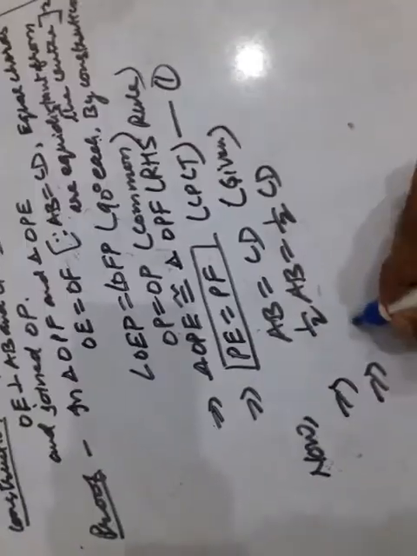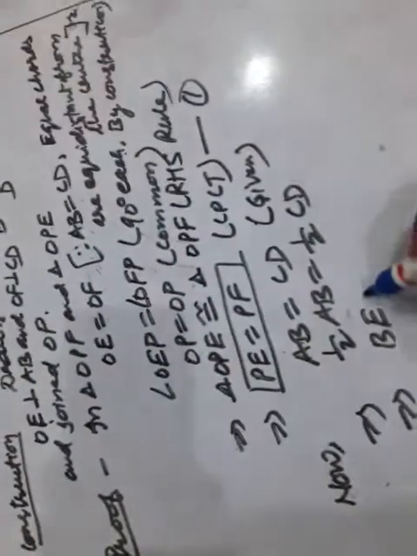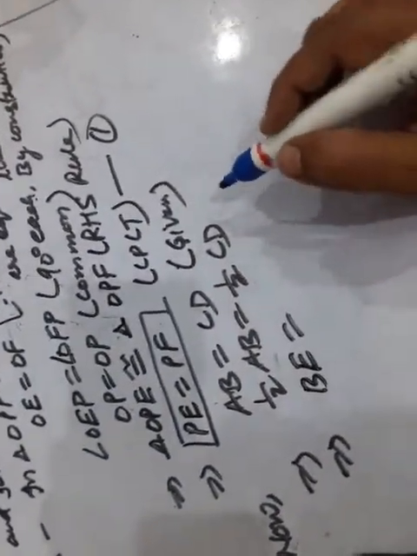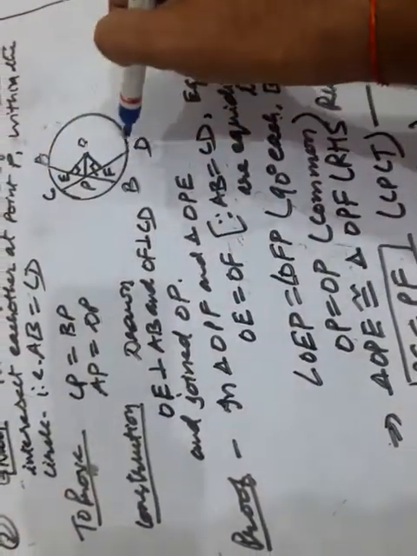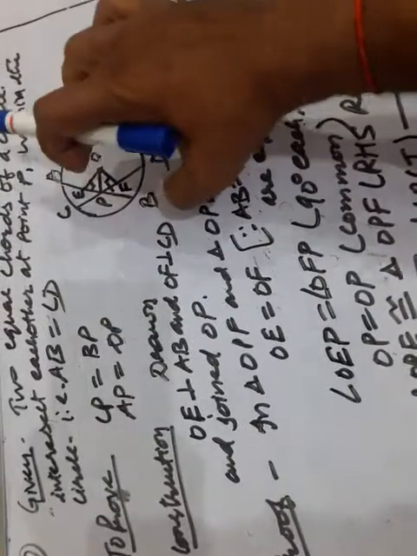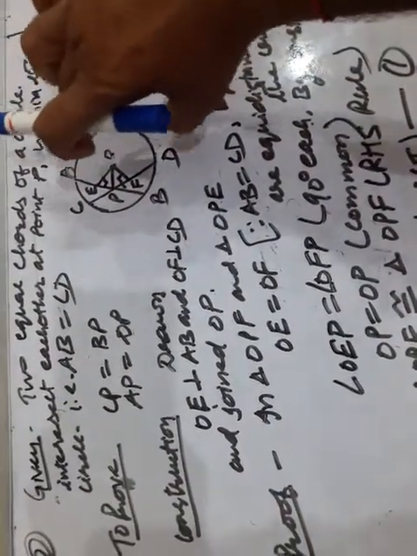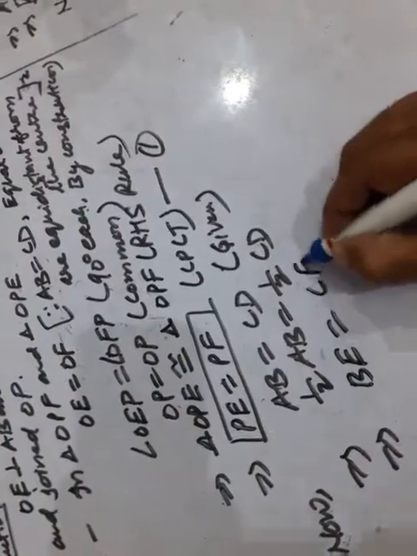So half of AB equal to BE, and half of CD equal to CF. Once again, half of AB equal to half of CD, where half of AB equal to BE and half of CD equal to CF. Is there any doubt?